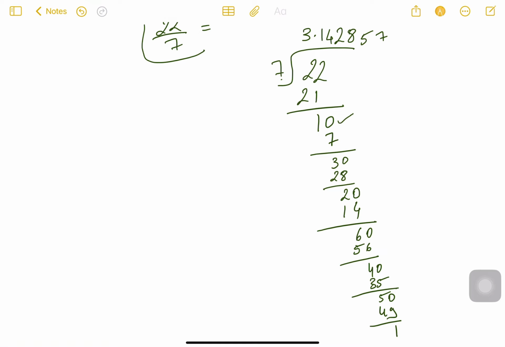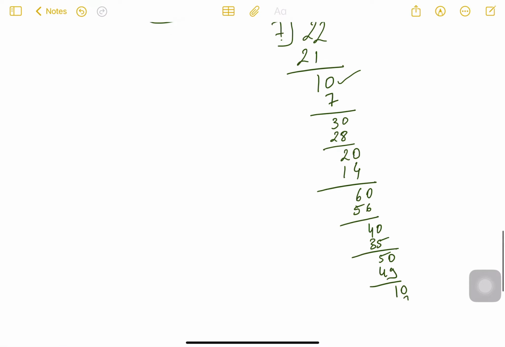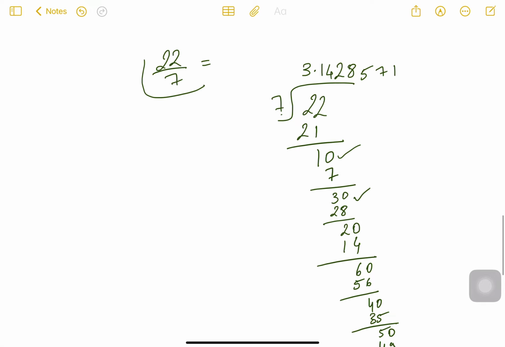I am back to here. I am again getting 10. I write 1. Again I'll have 7 and then again the remainder will be 3. I'll again need 4. So what did I get?